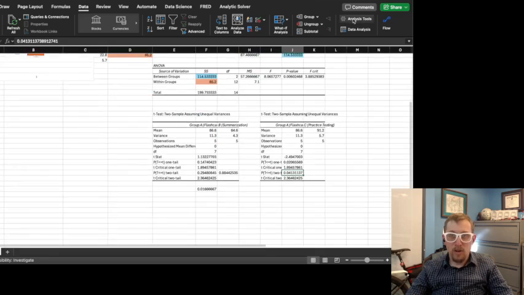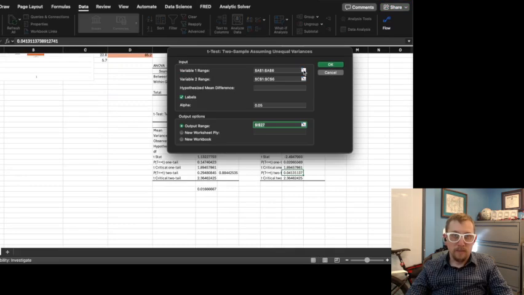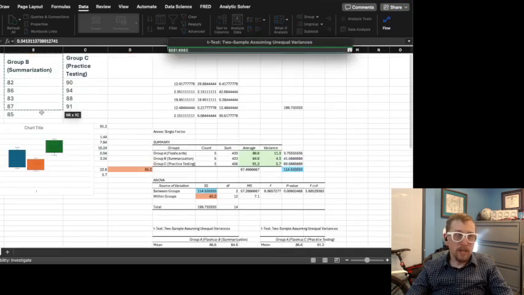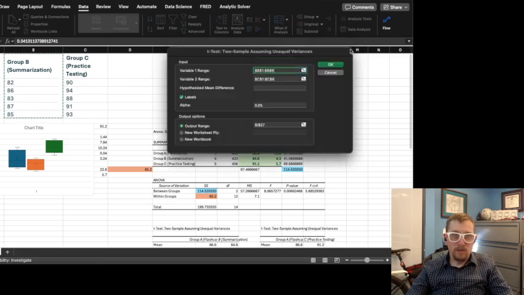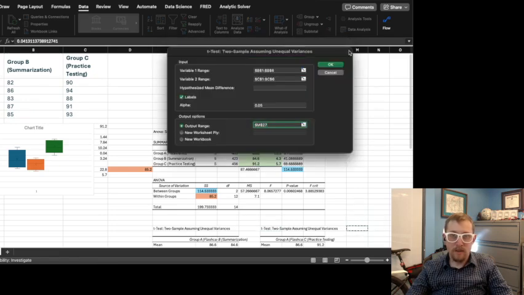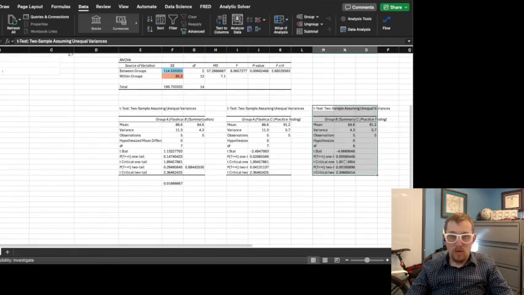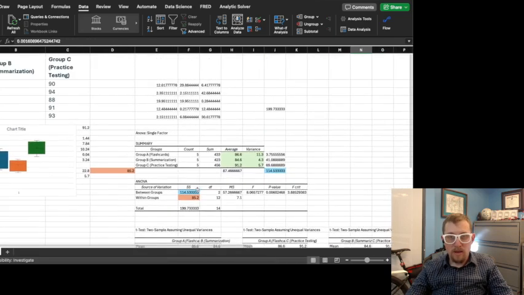Let's run our last test, which would be comparing group B to group C. And I'm going to stick that one here. All right, so this p-value is less than my alpha, by quite a bit.